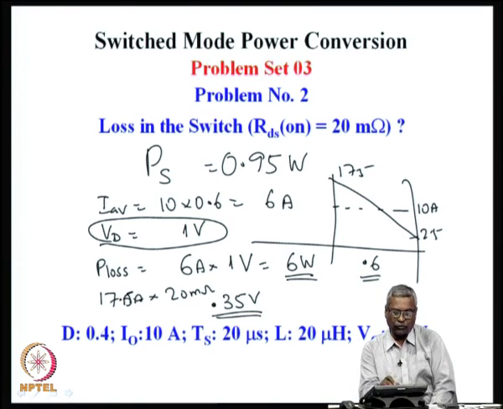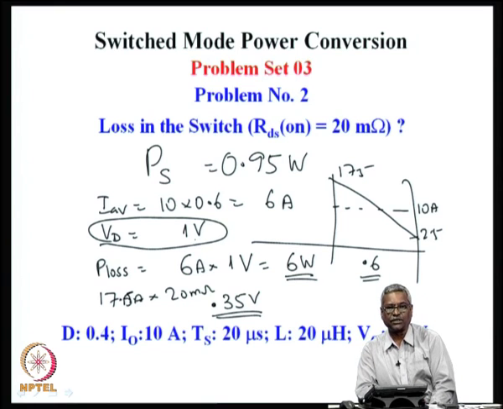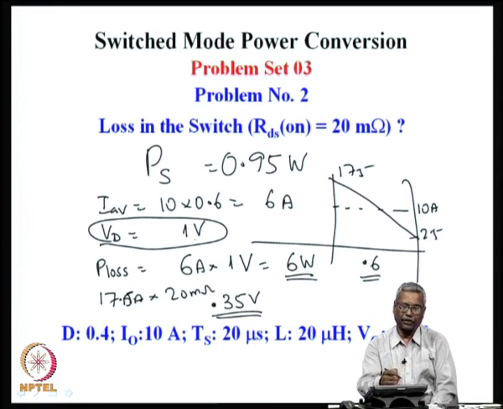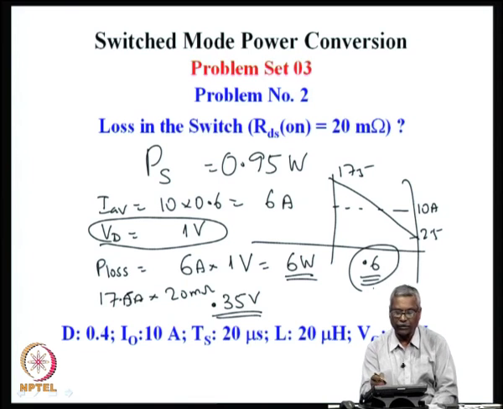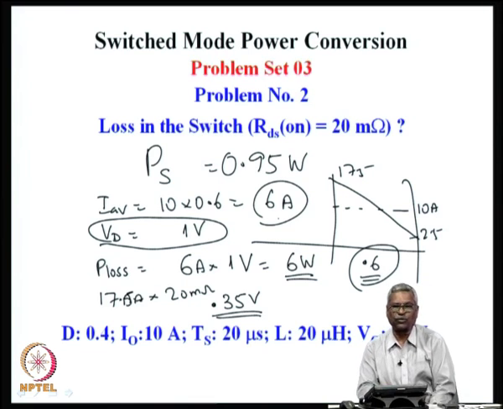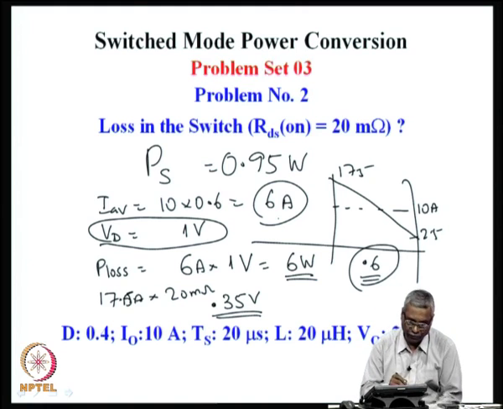Because the on-state voltage of the switch is 0.35 volts, which is 3 times less than the on-state voltage of the diode, and similarly off time is 0.6, on time is 0.4, the diode carries current for a longer time. So, the diode loss turns out to be almost 6 times the switch loss.